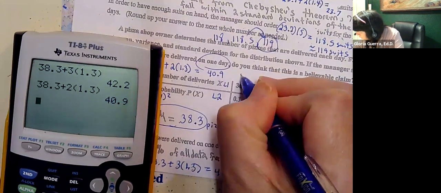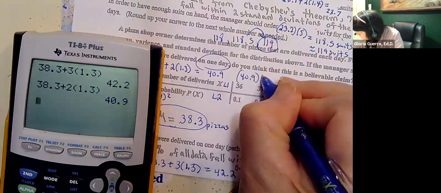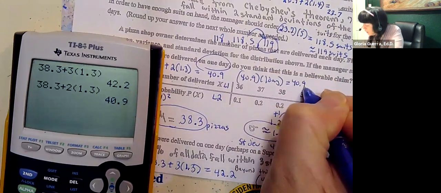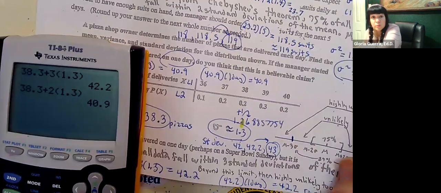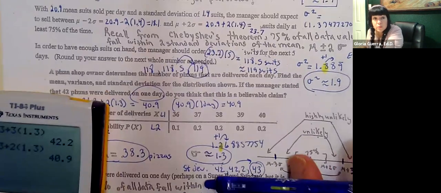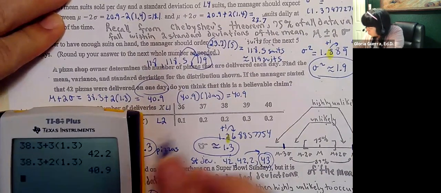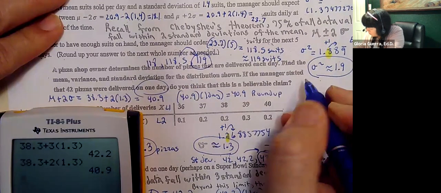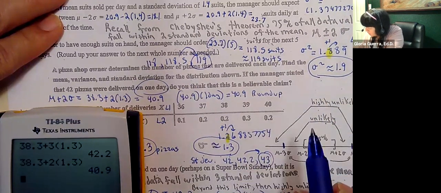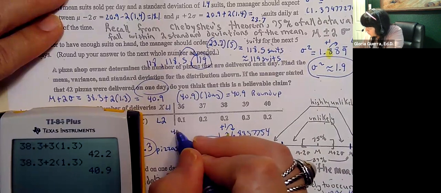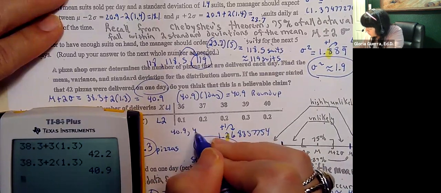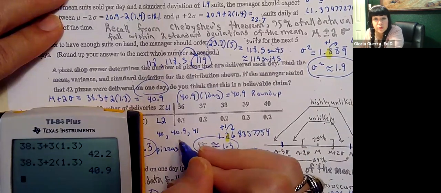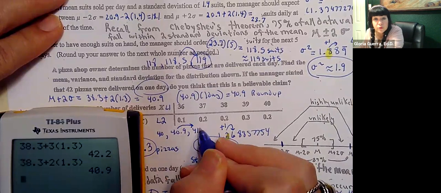And when I do 40.9 times 1 day, that gives me 40.9. And then when I round up, 40.9 is between 40 and 41, so I'm going to round up to 41 pizzas.